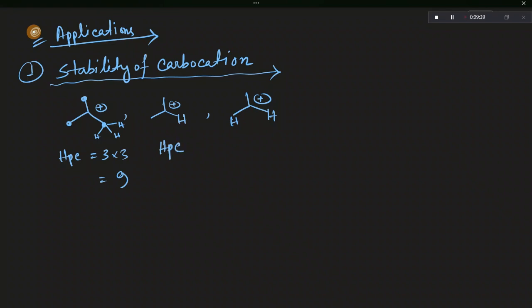For this one there are 2 alpha carbons, that means 6 alpha hydrogens, and for this 1 alpha carbon, that means 3 alpha hydrogens are present.